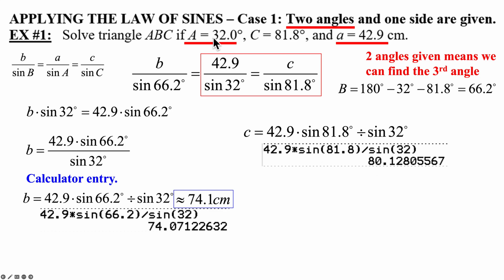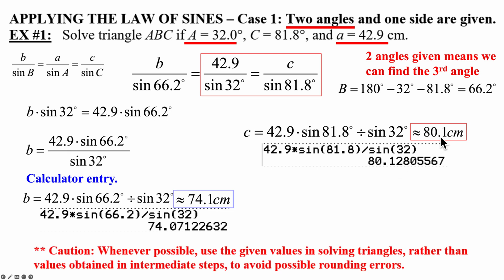So very efficient by setting it up this way. Always using this original information right here. Your calculator entries are going to be very short, clean, easy to get to. So round to 1 decimal place, 80.1 centimeters. Again, always use given information.